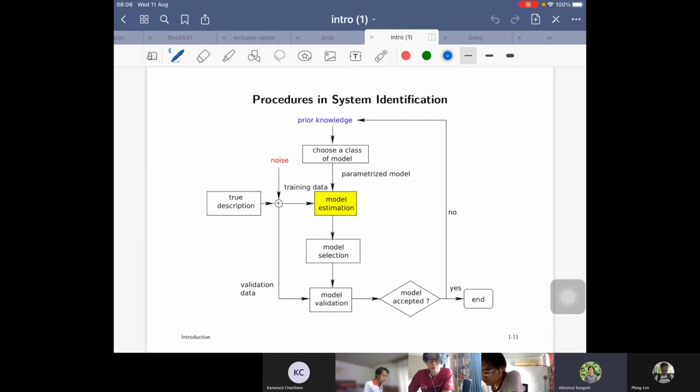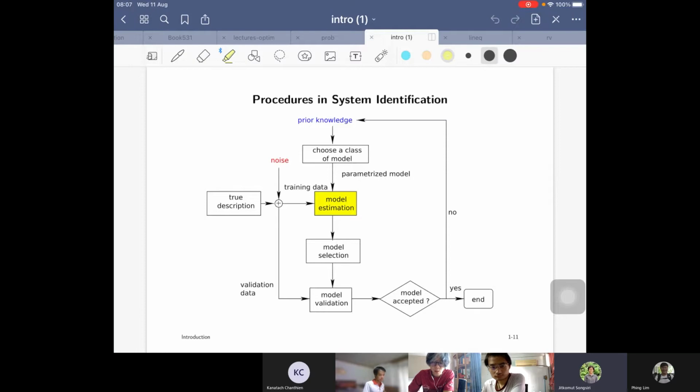The procedure would start from a question from the end user. What would you like to learn from the data? What is the physical system that you want to find a representation of in terms of a model? In order to start with system identification, of course, you have those questions in mind.